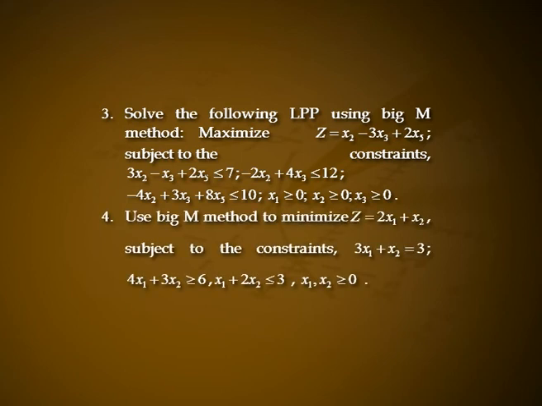Number 4. Use Big-M method to minimize z equal to 2x1 plus x2 subject to the constraints 3x1 plus x2 equal to 3, 4x1 plus 3x2 greater than or equal to 6, x1 plus 2x2 less than or equal to 3, x1, x2 greater than or equal to 0.